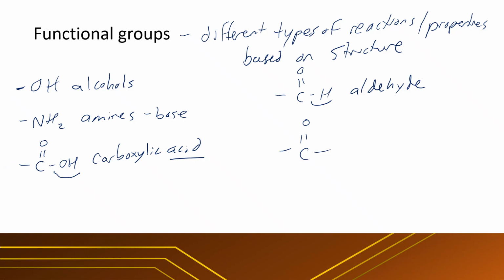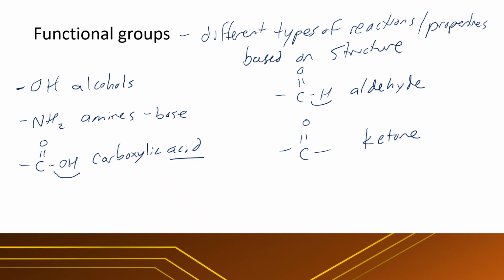And so you'd have a carbon here. This next one would have carbons on both sides. So somewhere in the middle of the compound, we call it a ketone. And it makes the organic compound slightly polar. And so things like acetone, which is nail polish remover, helps it be a really good organic solvent.